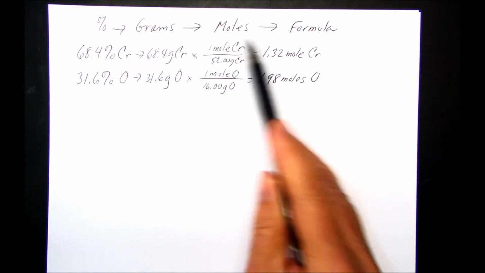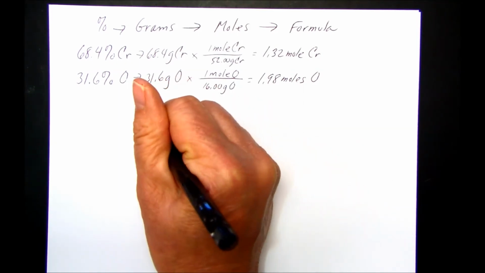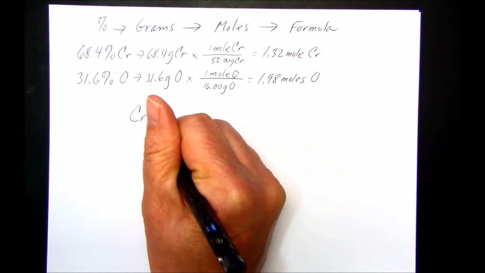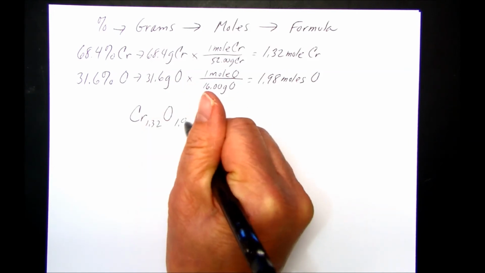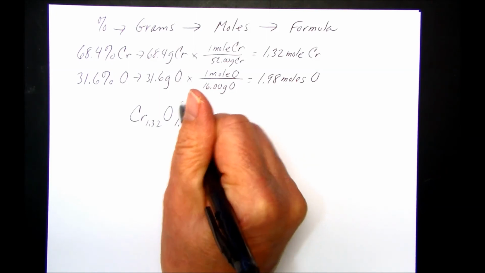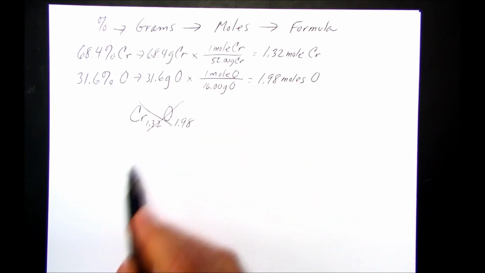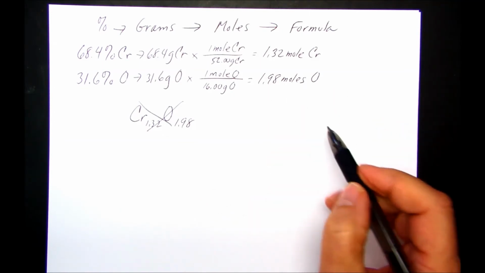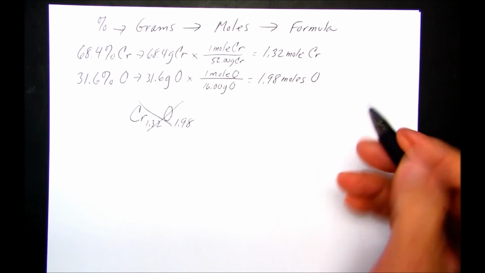So from the moles, I can get the formula. Am I allowed to put this down as a formula? No. I need whole numbers. We can't have these decimals. So we're going to tweak this a little bit so we can get whole numbers.